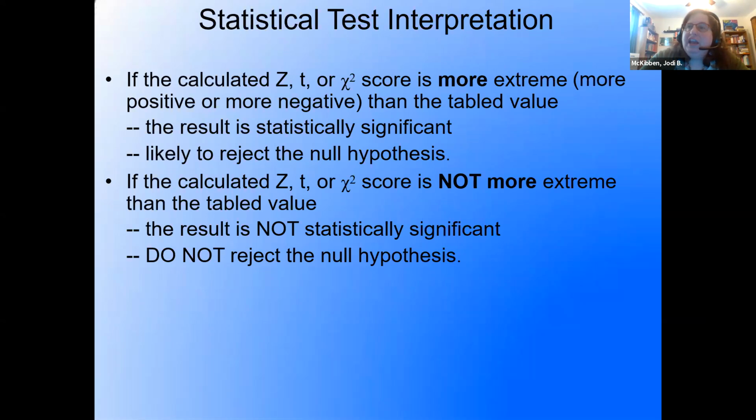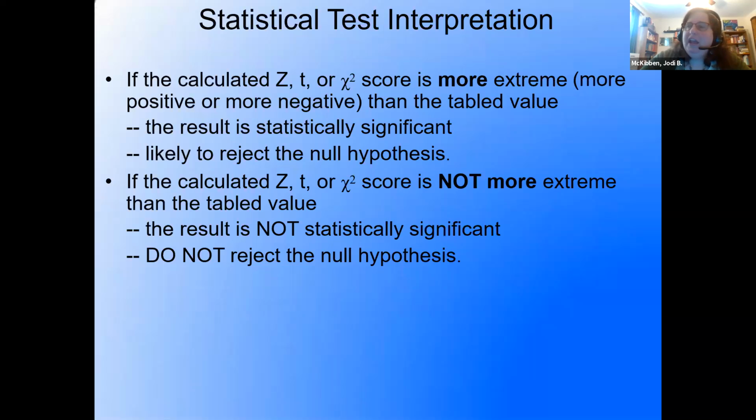Z and t can be positive or negative, as I just shared with you. So we're looking to see if it's more positive or more negative. Chi-square and ANOVA F tests will always be positive. So there we just start looking if it's more positive, if it's bigger.